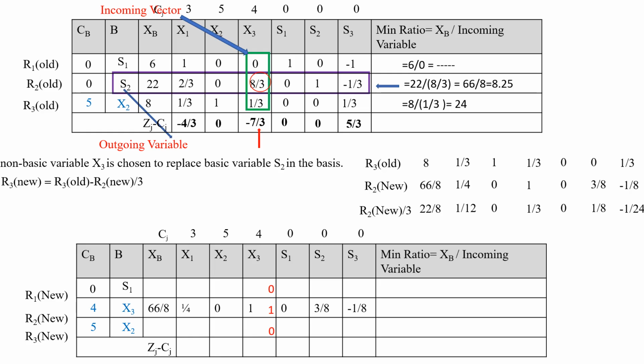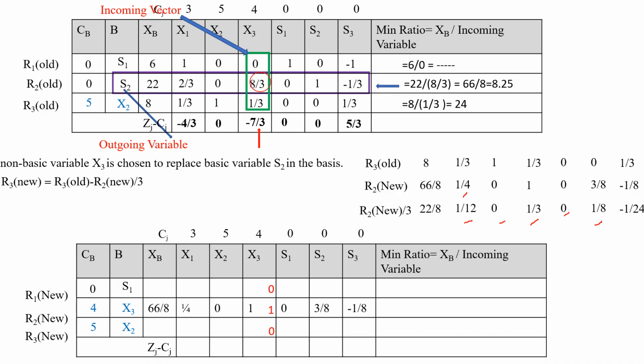Which will become 66 by 8 into 1 by 3, which is 22 by 8, and similarly 1 by 4 into 1 by 3 is equal to 1 by 12, 0 into 1 by 3 is 0, 1 into 1 by 3 is 1 by 3, 0 into 1 by 3 is 0, 3 by 8 into 1 by 3, the 3 will get cancelled, it is 1 by 8.